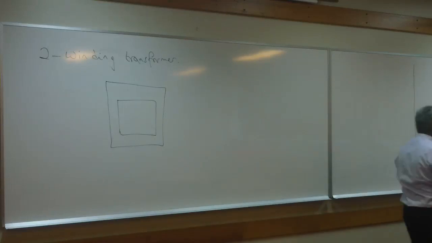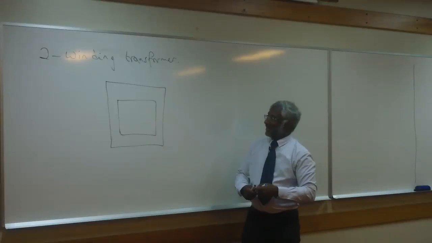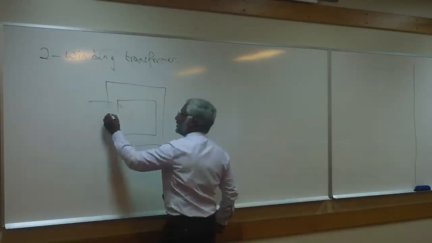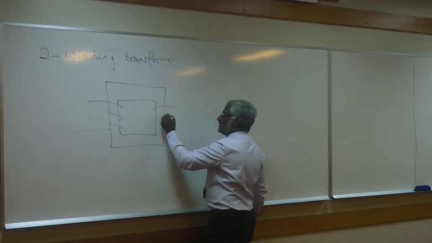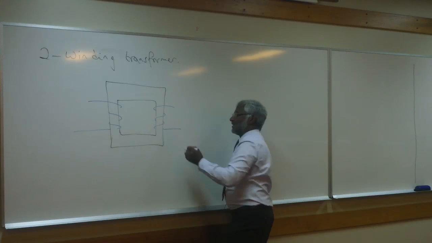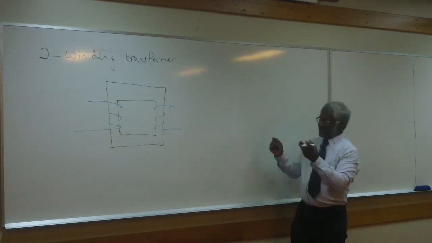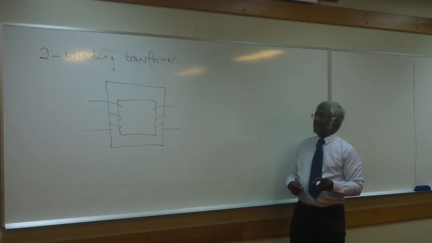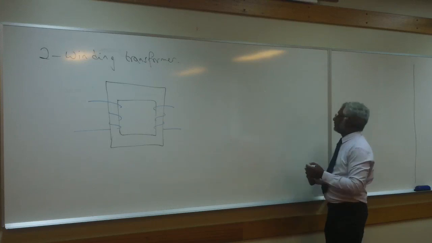I know sometimes it's hard to see those colors, so I might stick to blue and black. So in a textbook, it might be represented this way. But be careful here, because it doesn't mean that we construct the transformer like that. As I say, in a textbook, it's like this. In practice, it would be different.